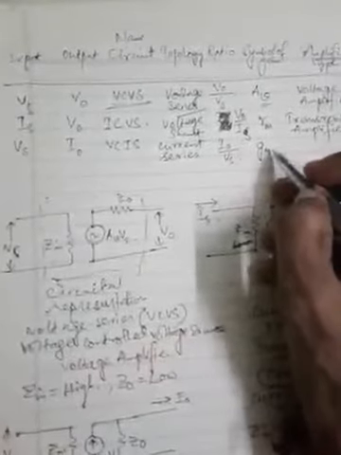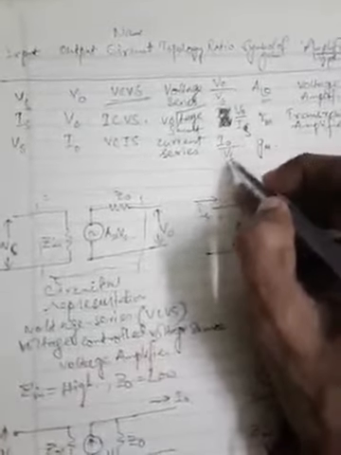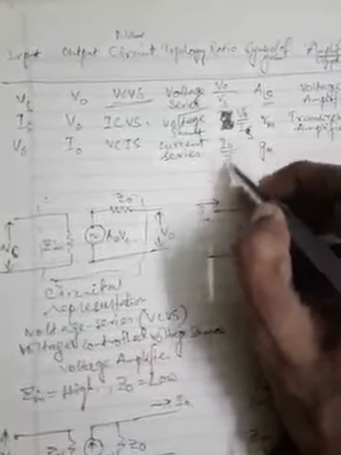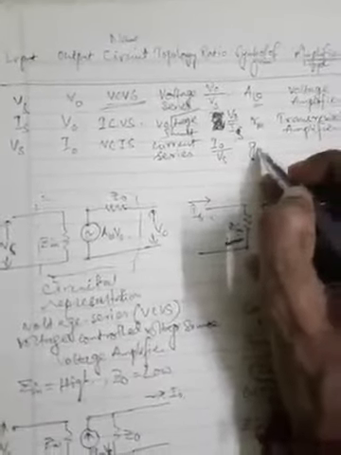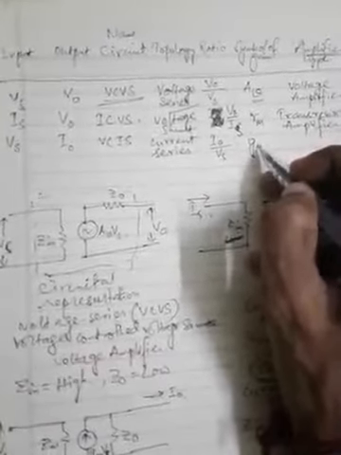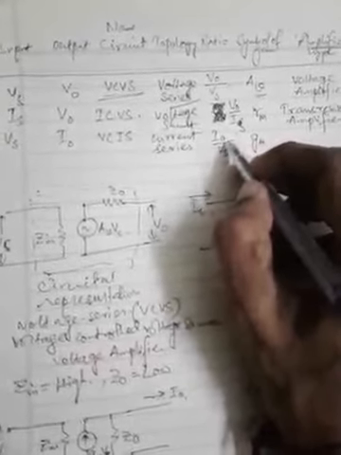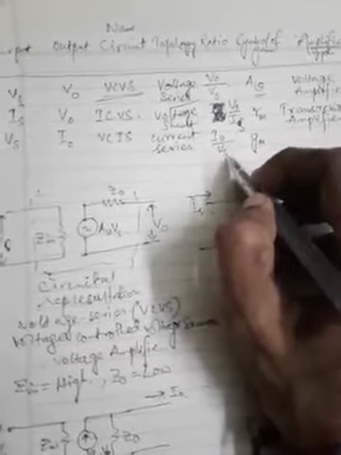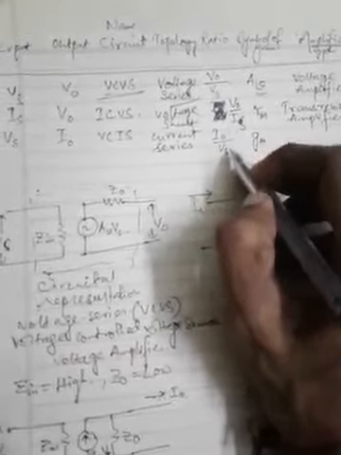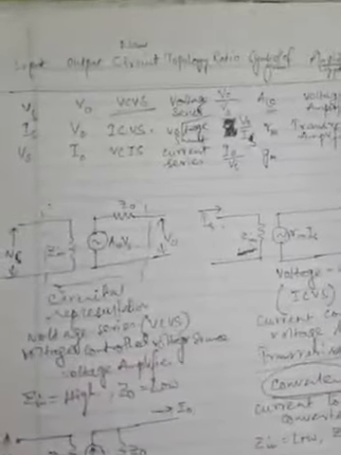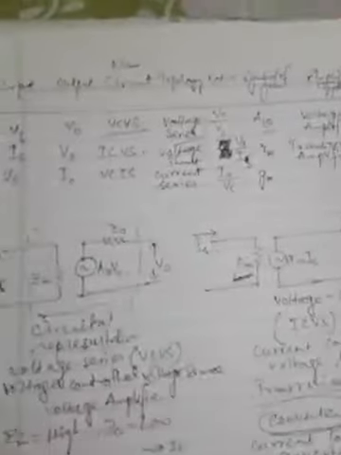whose gain is given by Gm, and this Gm is IO by Vs. Since it is I by V, it is conductance. The gain should be called conductance. And since it is an output quantity of current versus an input quantity of voltage, one quantity each, this should be called transconductance.